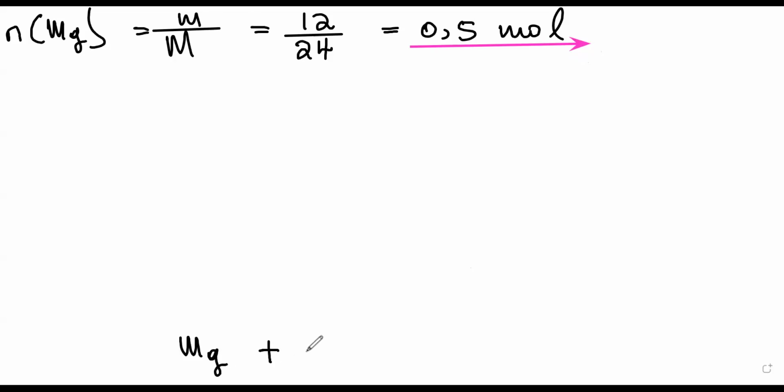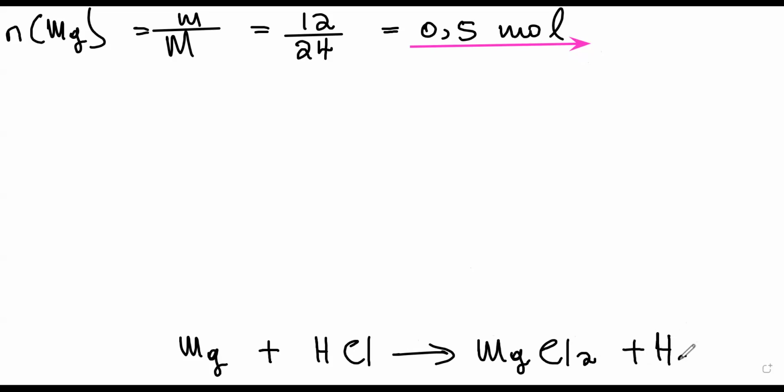So we know that we have magnesium which reacts with hydrochloric acid in order to produce magnesium chloride and hydrogen gas. And the balanced chemical equation is obtained by putting this 2 in front of the acid. Now, the first thing that we need to do is to calculate the number of moles for each of these two reactants.